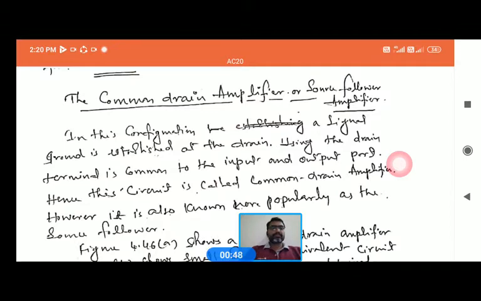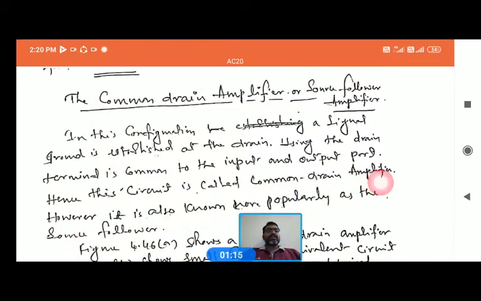So we can read the sentence here. In this configuration, a signal ground is established at the drain. Using the drain terminal as common to the input and output port, hence this circuit is called a common drain amplifier. However, it is also known more popularly as a source follower.